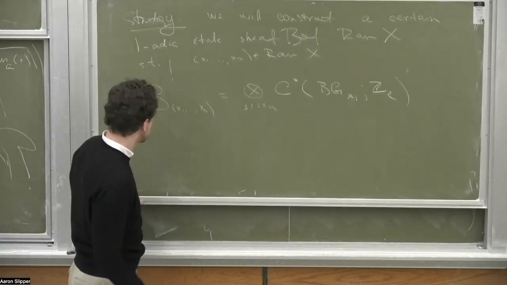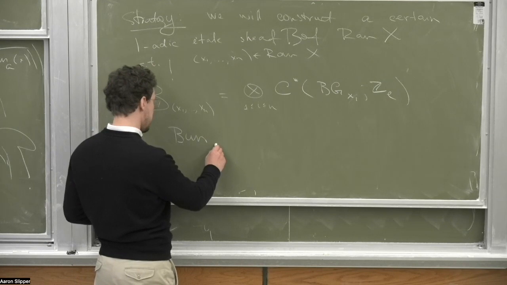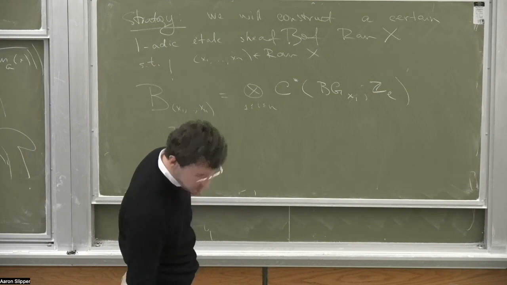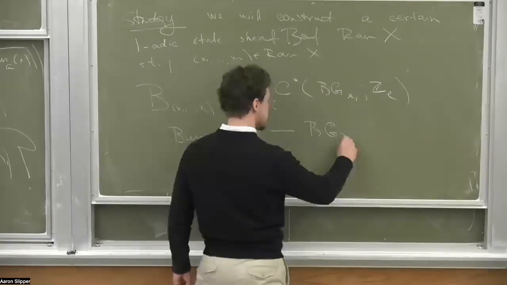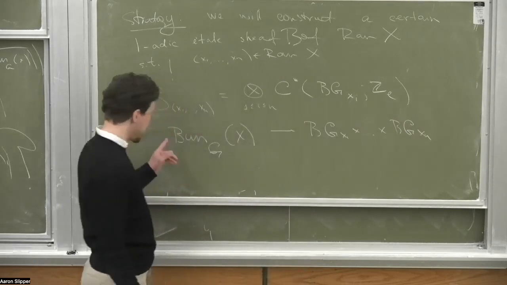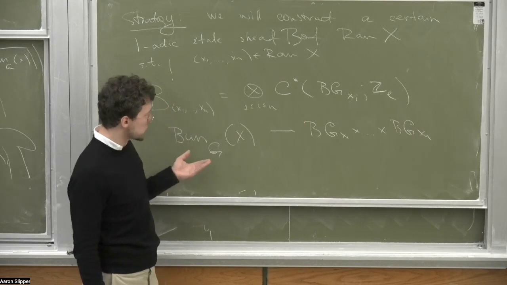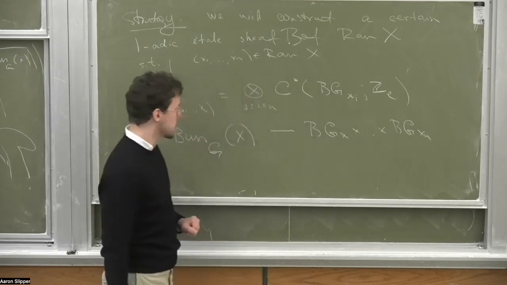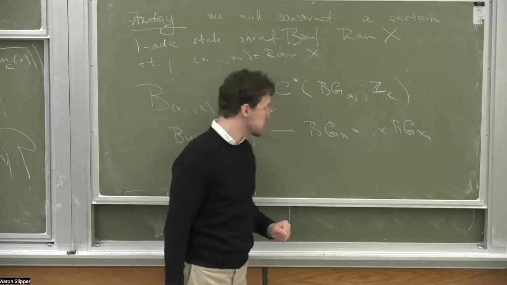And we have a map like this for any collection of points x_1 through x_n, simply from the fact that if I have a collection of points in X and a G-bundle on X, I can pull it back to this collection of points to obtain a number of principal bundles with respect to the group G for all these points.